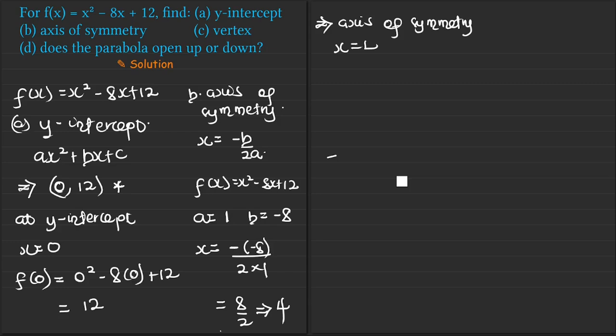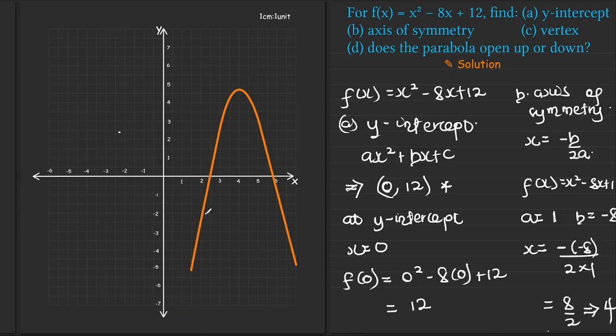This would have been its axis of symmetry. So assuming this was the function, even though this isn't, I'm just using it for illustration purposes. If this was it, then your axis of symmetry would have been this. It passes through the line x equals 4. That is just it.